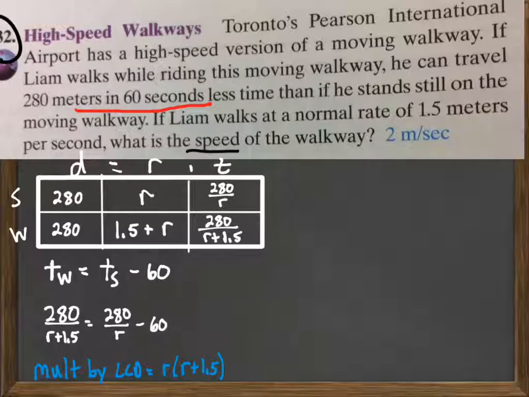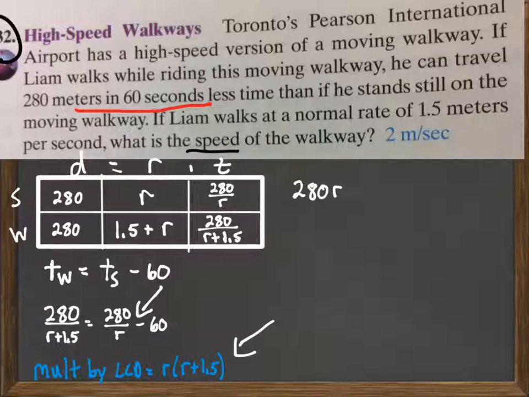When we come to the first term, 280 over r plus 1.5, we multiply through, and the r plus 1.5 will cancel out, so that we get just 280r. Then we go to our second term, 280 over r times our common denominator.